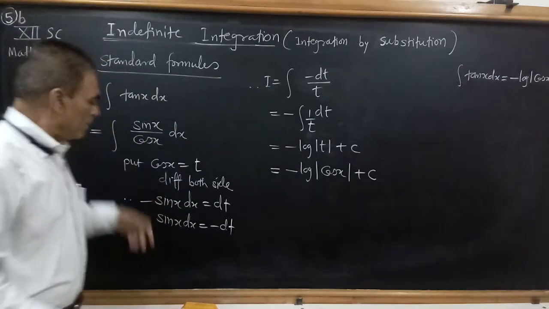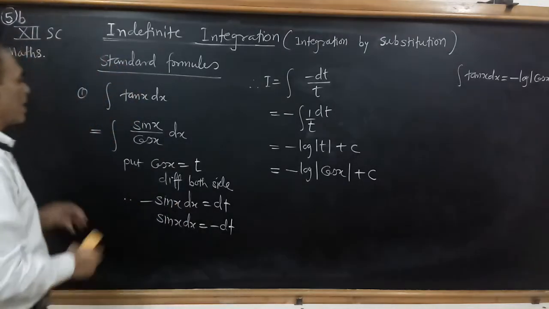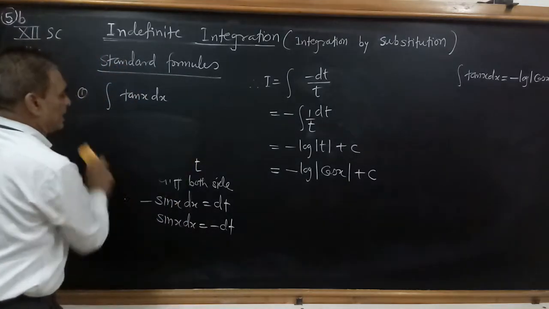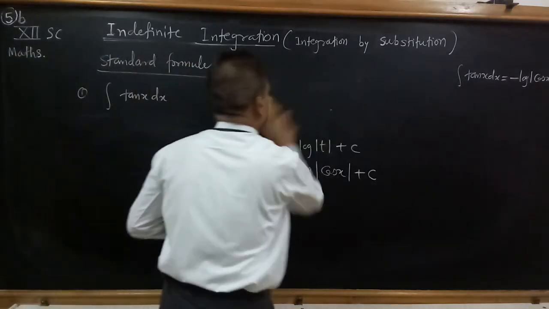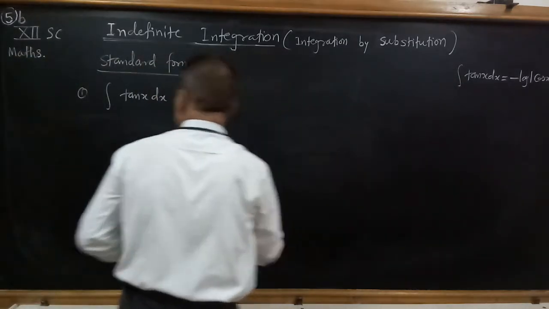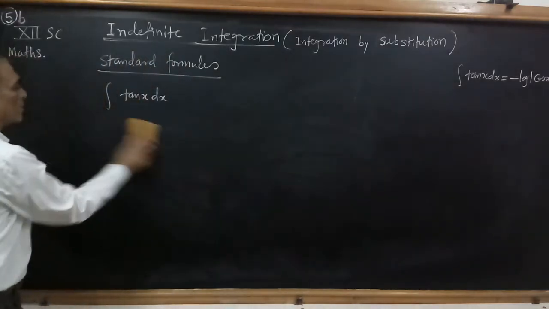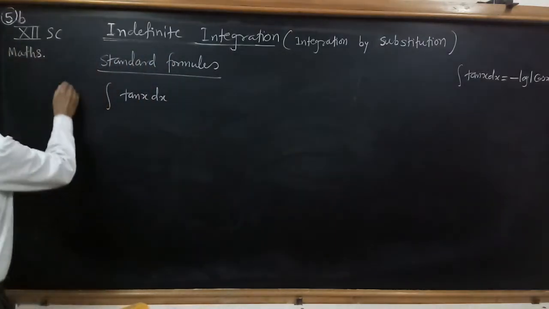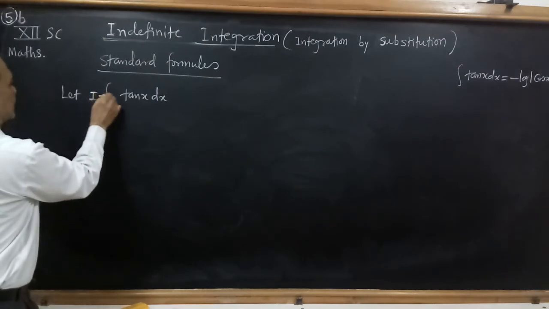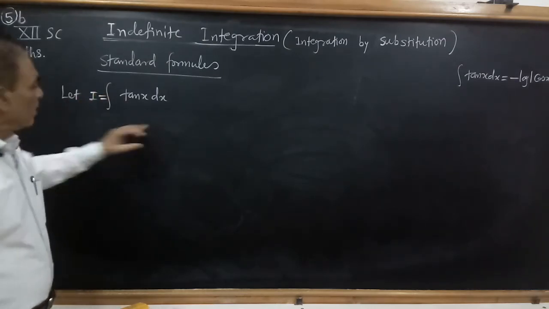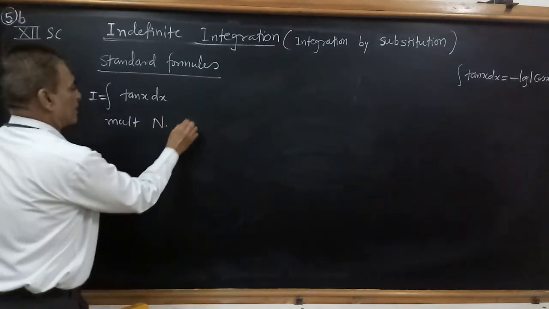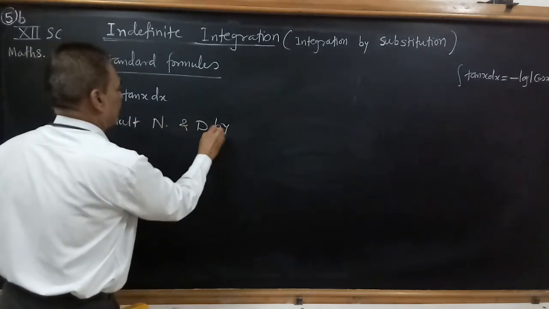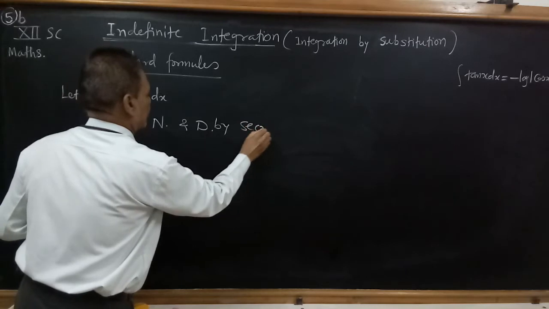You can use another method and prepare this formula, integration of tan x dx. In this case, first of all, let I equal to integration of tan x dx, the given question. Multiply numerator and denominator by sec x.